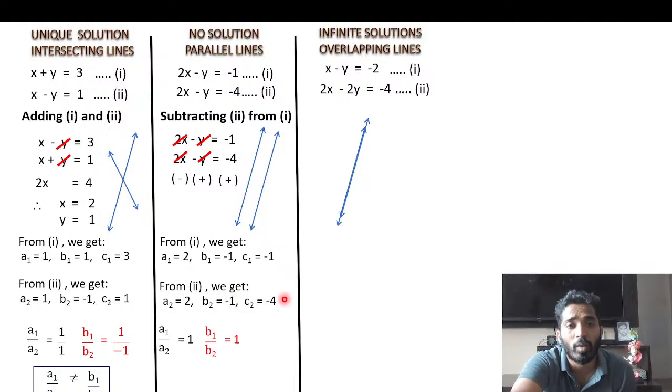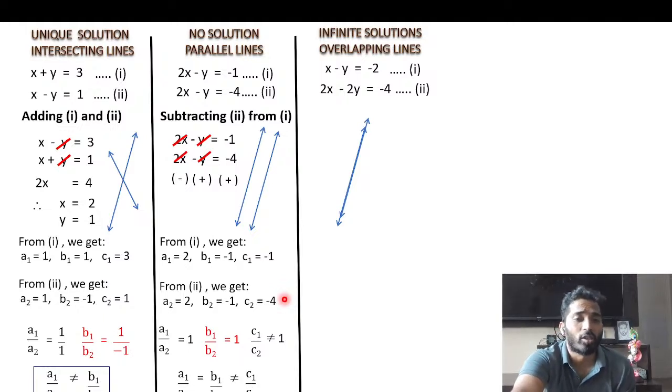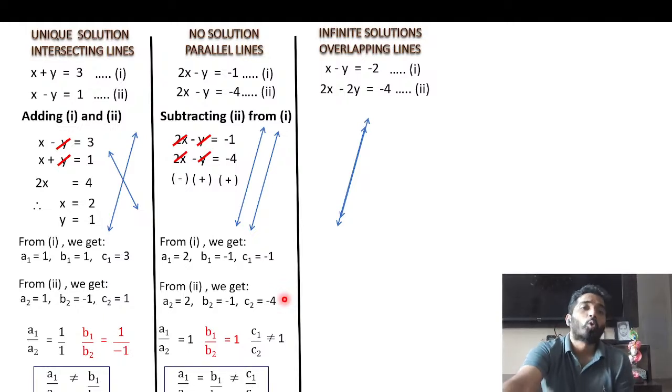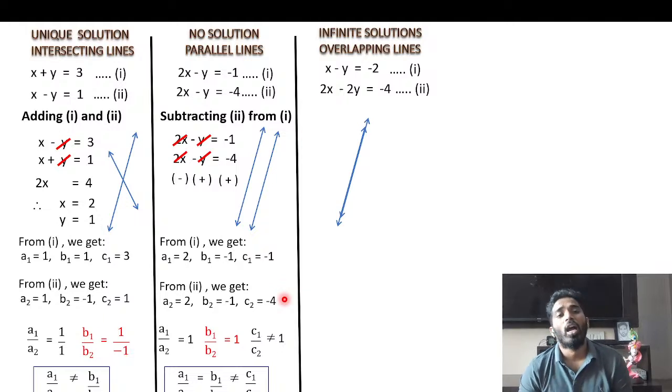C1 upon C2 will be minus 3 upon minus 4, that will be 3 upon 4, which is not equal to 1. So I can say A1 upon A2 is equal to B1 upon B2 and not equal to C1 upon C2. So we can conveniently conclude that whenever we have two linear equations with A1 upon A2 and B1 upon B2 equal, but C1 upon C2 not equal, then they will always be parallel lines and always have no solution.